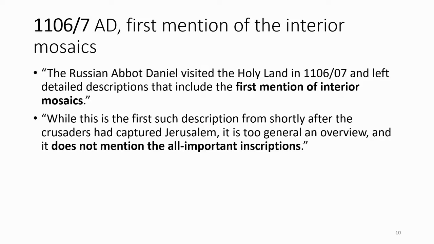While this is the first such description from shortly after the Crusaders had captured Jerusalem, it is too general an overview, and it does not mention the all-important inscriptions. Now, a little bit later, we are actually going to detail inscriptions that were found in the Dome of the Rock not long after this, but it isn't what you would expect.